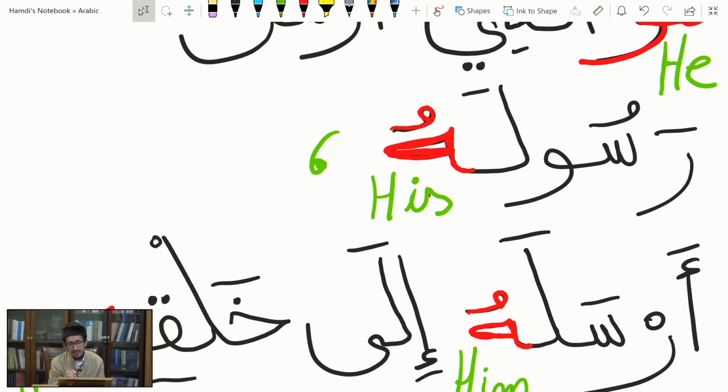Here, his, the pronoun his. The equivalent of the pronoun his in Arabic is this letter هـ, and as you can see, it is attached to the word that comes before it, and that word is a noun.